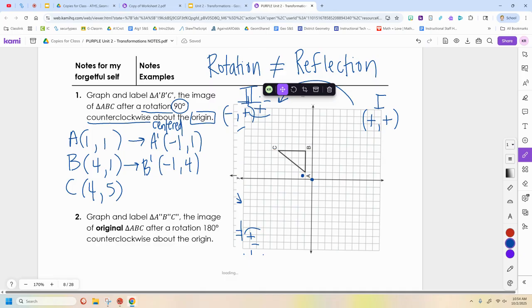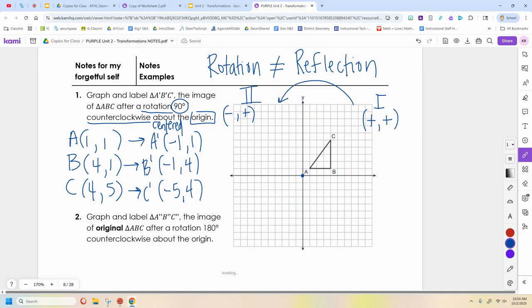So now you can predict where C prime is going to be, or you can actually just do it. Back 1, 2, 3, 4, 5, up 4. Back 5, up 4. Oh yeah, that's what I got. So now I plot my shape. Back 1, up 1, plot my point.